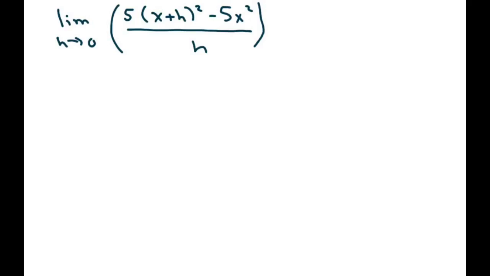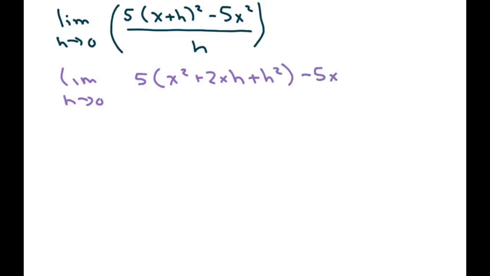So the first thing I'm going to do is expand my factors. So I'm going to get 5 times x squared plus 2xh plus h squared minus 5x squared all over h.